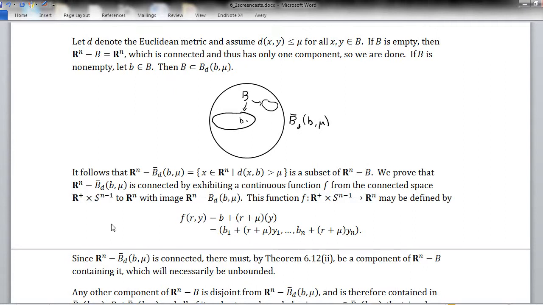And that's not connected. It's a two-point set, which is disconnected. And if you do take the product with R plus, then you just get two copies of R plus, you get two rays. And so that has two components. So that's where the proof breaks down in the case when n equals 1.